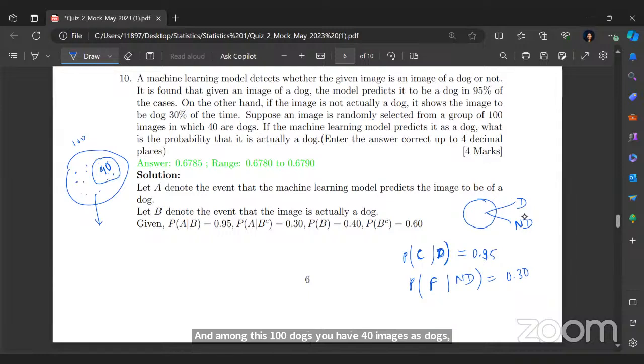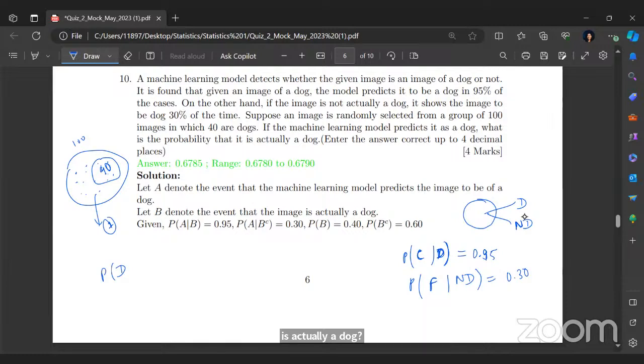Now, if you select one randomly and the machine learning model predicts it to be a dog, what is the probability that it is actually a dog? It means the model is giving the correct answer.